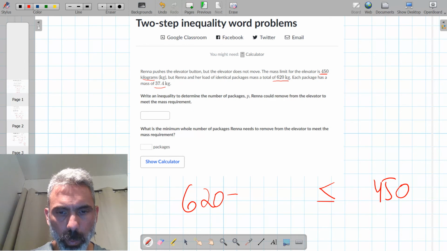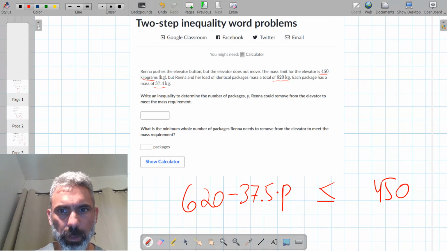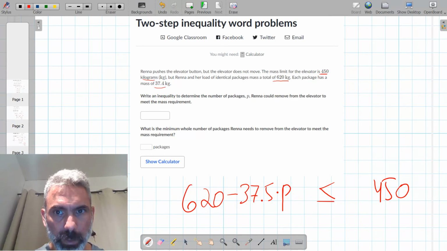Each package weighs 37.4 times P, which is the number of packages she could remove to meet the mass requirement. Okay, so even if she gets to exactly 450, it's okay, because at 450 the elevator would still run.